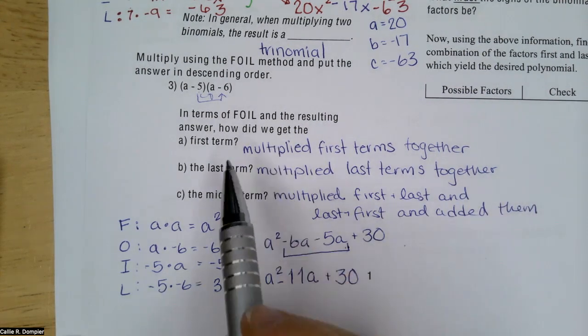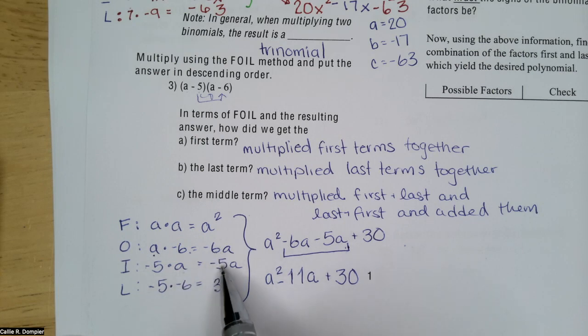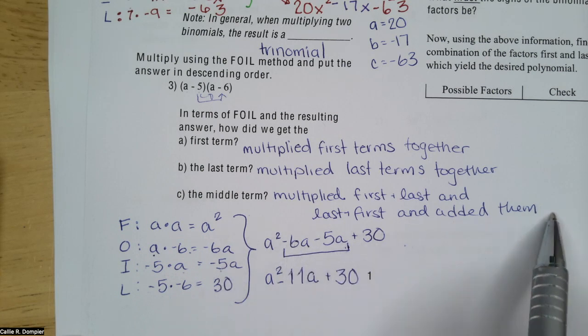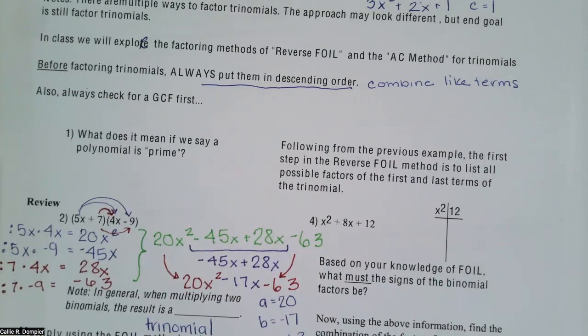Right, there were two steps. So we multiplied the first and the last, and then we multiplied the last and the first. Got 6 and -6 and -5, and then we added them, bringing some negative elements, right? So that's how we got the first term, the last term, and the middle term. So that's the FOIL method.